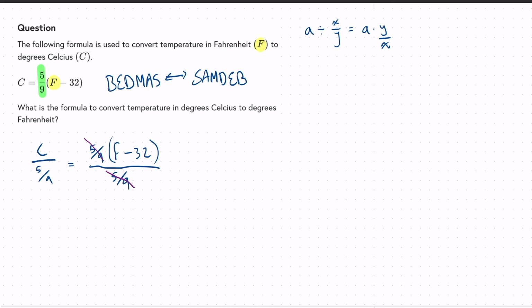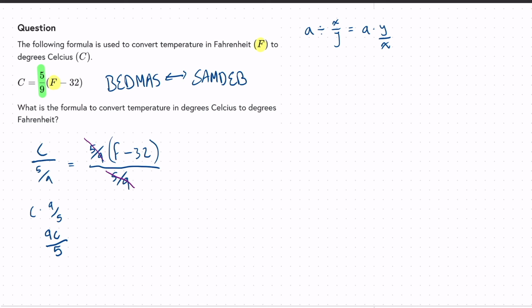So this becomes C times 9 over 5, and I can rewrite that again as 9 lots of C over 5.